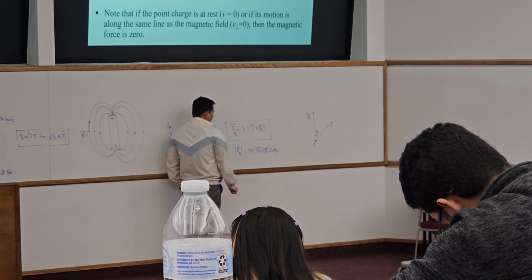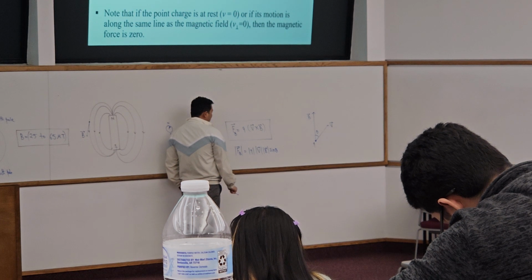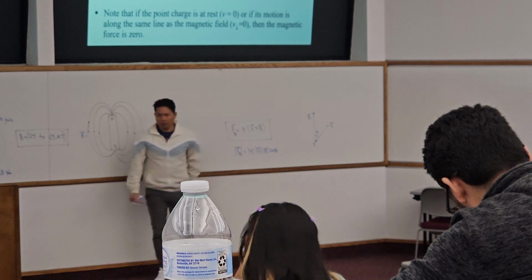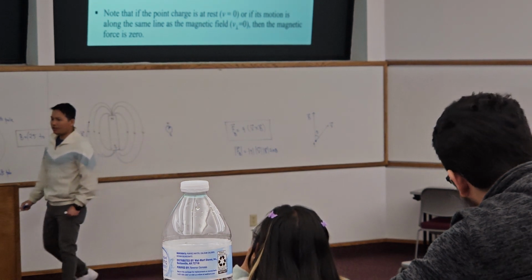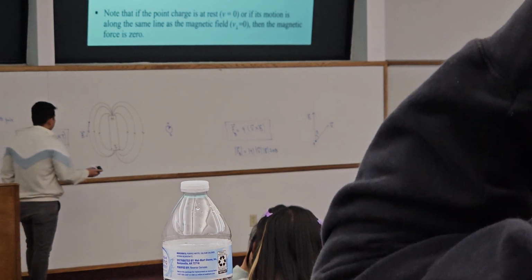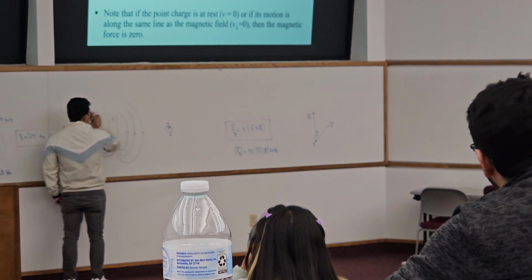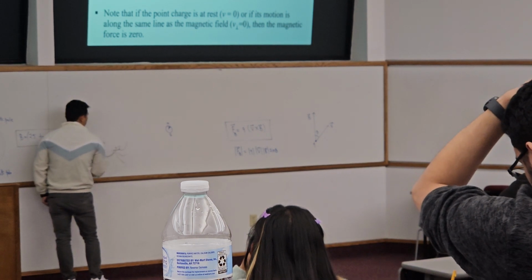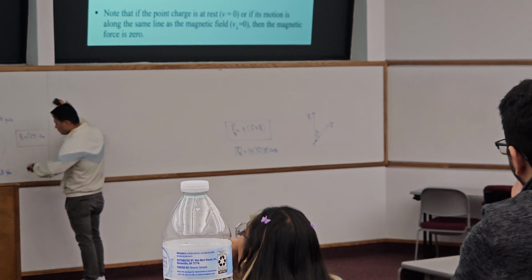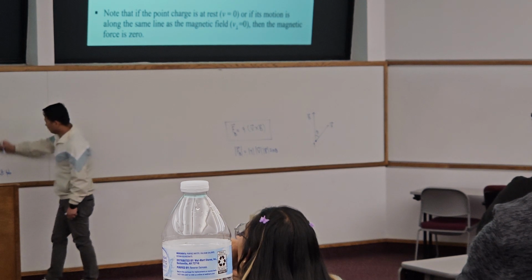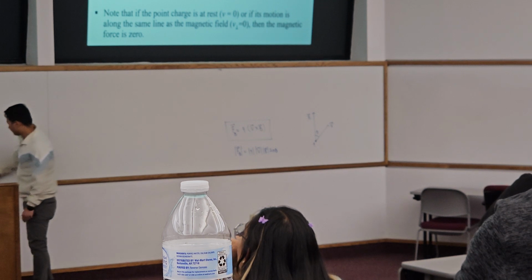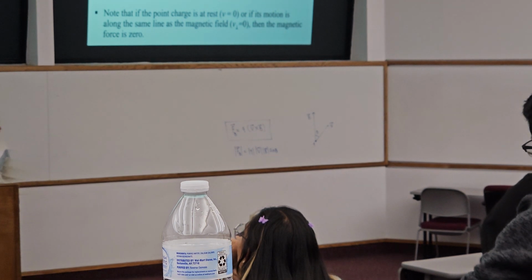So this is the force experienced by a charged particle in the magnetic field, and this force depends on the angle between the magnetic field and the direction in which the charged particle is moving. So v cross B has a sine theta, so it depends on the angle.